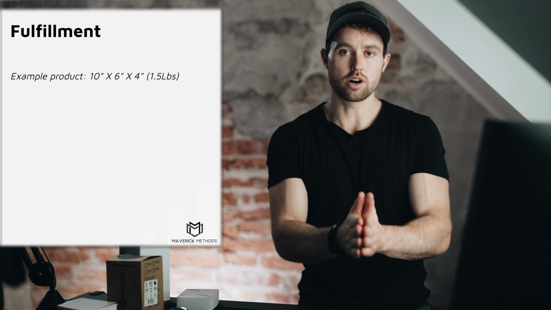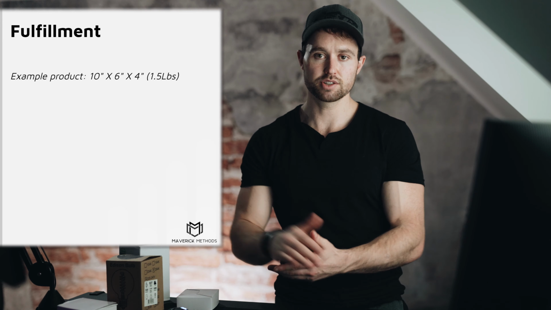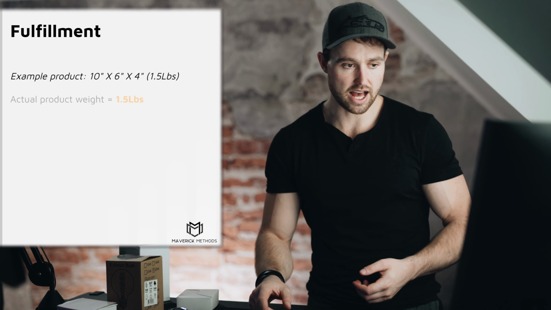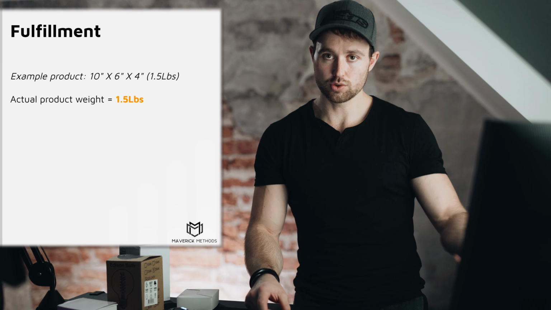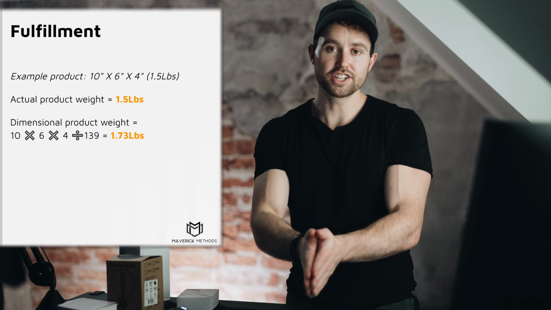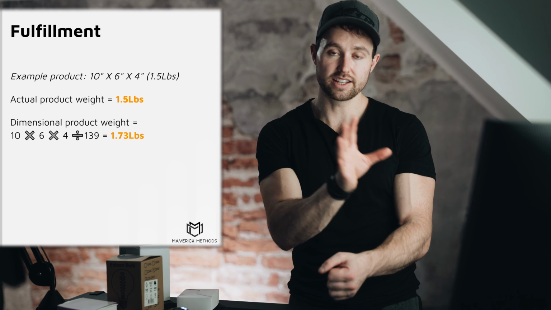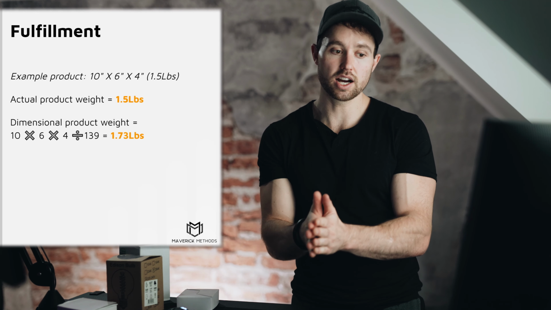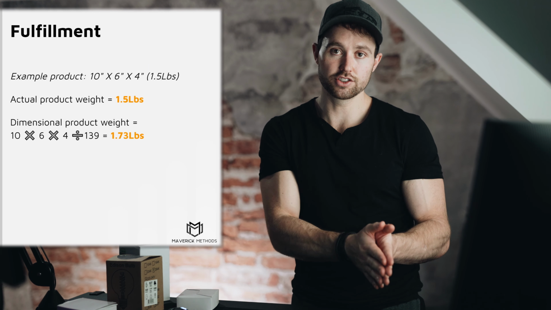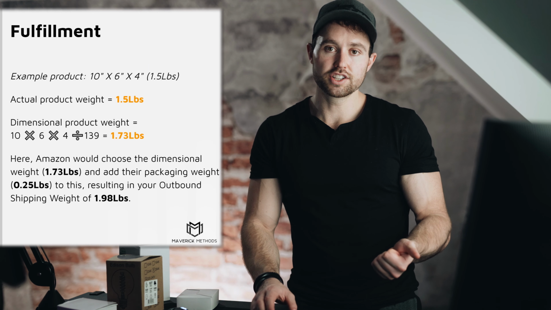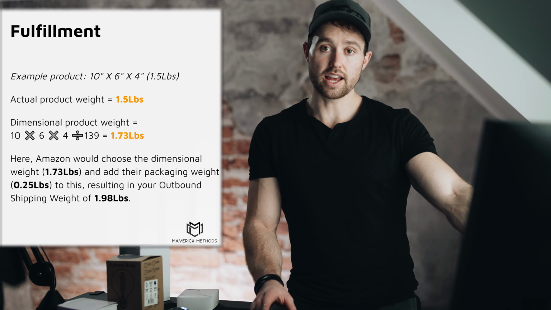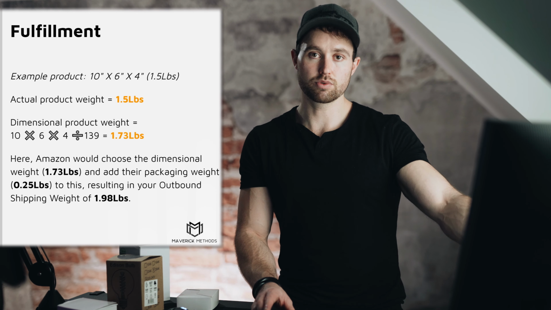So here's our example product, 10 inches by 6 inches by 4 inches at 1.5 pounds. Our actual product weight's 1.5 pounds, but our dimensional product weight is, remember, length times width times height divided by 139, is 1.73 pounds, so a little bit higher. So Amazon is going to choose the heavier one. In this case, they're going to choose dimensional product weight.